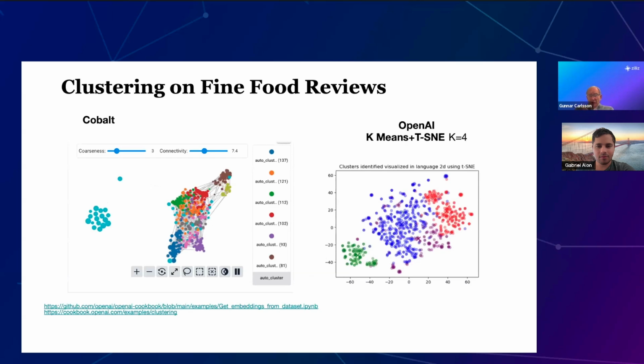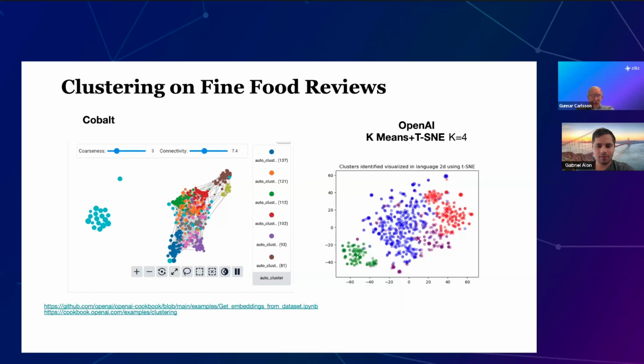So let me show you, for example, here's one situation. This is a clustering of fine food reviews. What you can see on the right is a k-means analysis based on k-means plus a dimensionality reduction method. And you see there's some differentiation among the groups: a blue, a red, and a green.